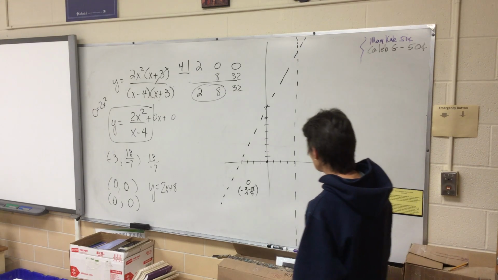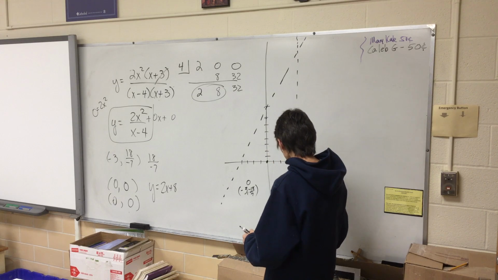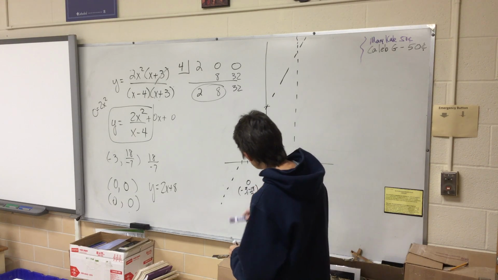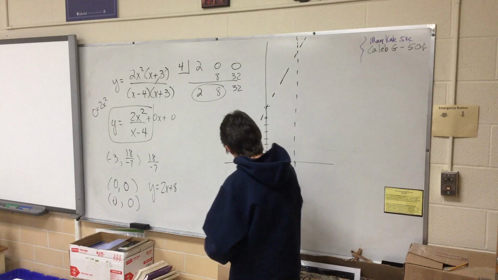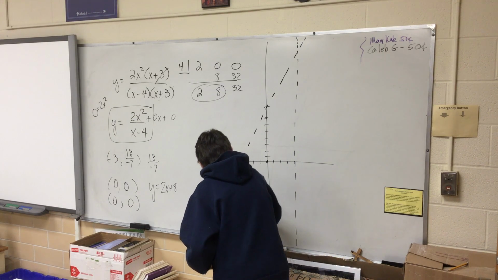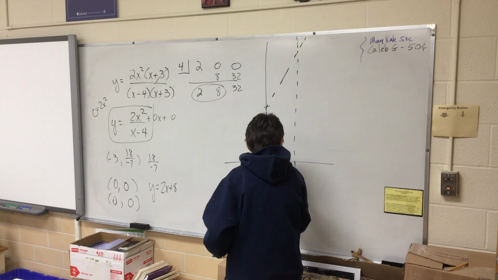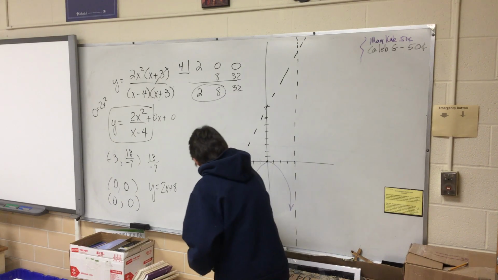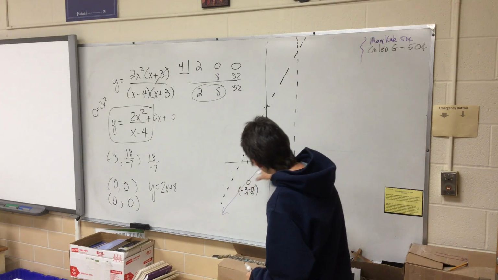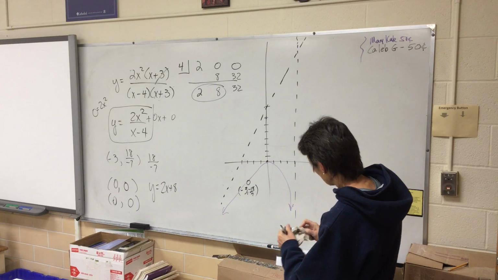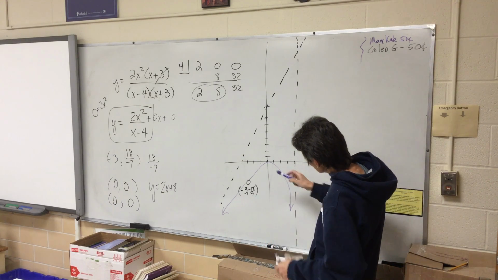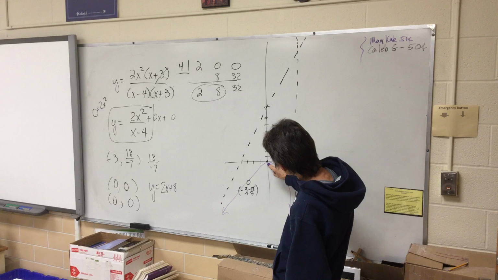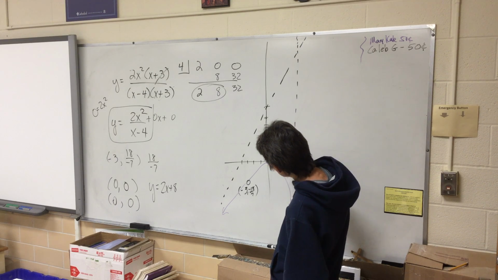So now I got to draw the picture. This part is pretty easy, I think. You got 2 points here that have to be connected, right? So I think we got a shape that looks like that in there. Remember, you are not allowed to cross this axis anywhere but here.